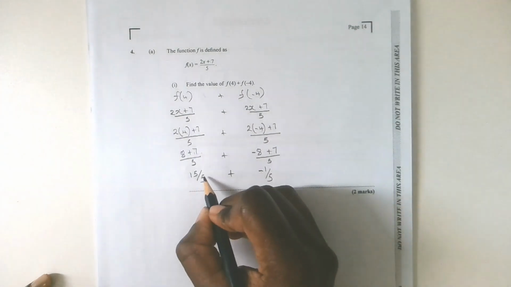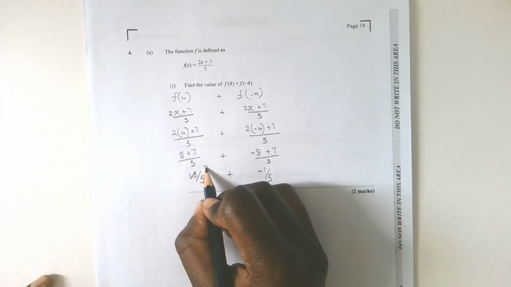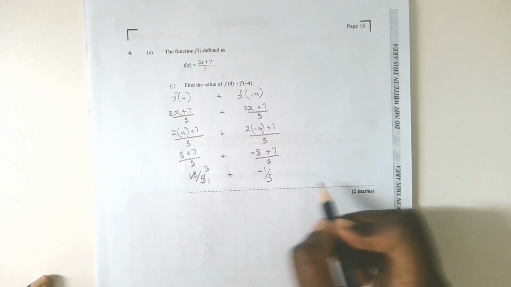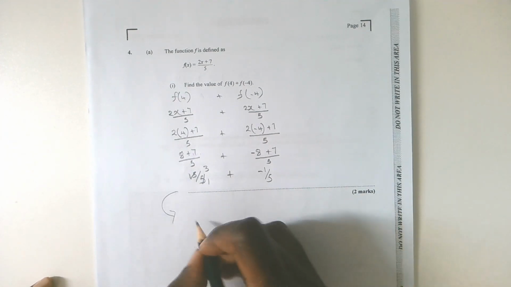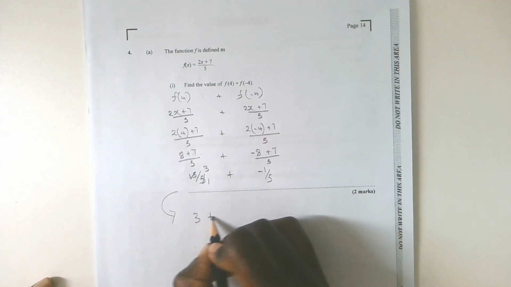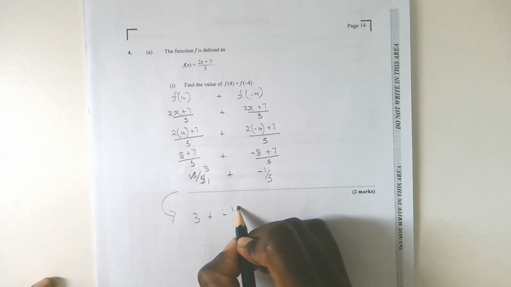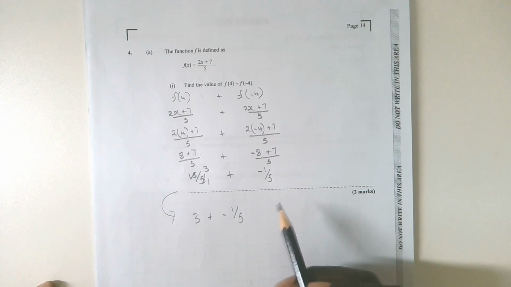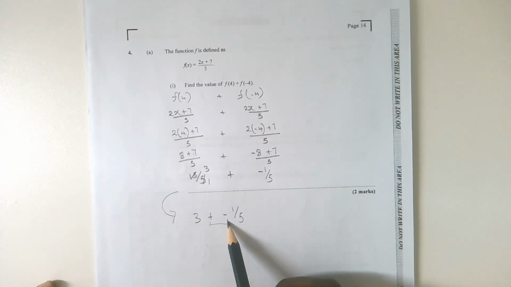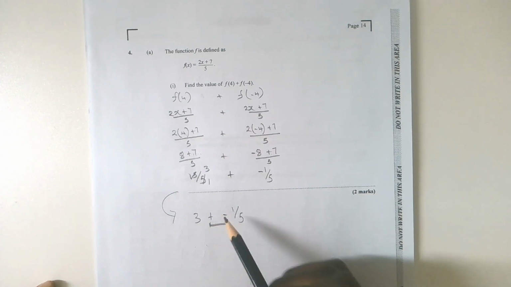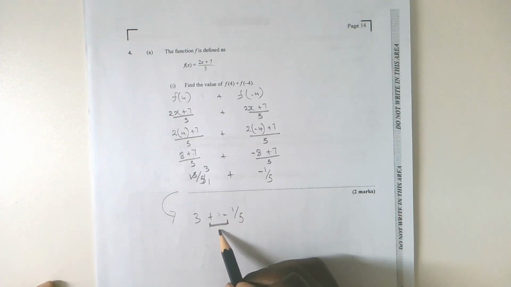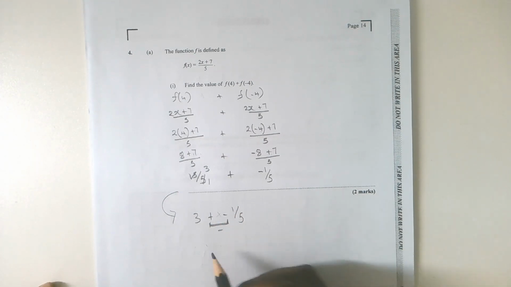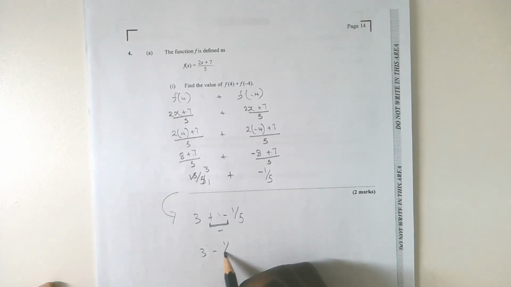Simplifying here, we're going to have 3 plus -1 over 5, a positive and a negative. When they're multiplying, we're going to have a negative. So it's going to be 3 minus a fifth.